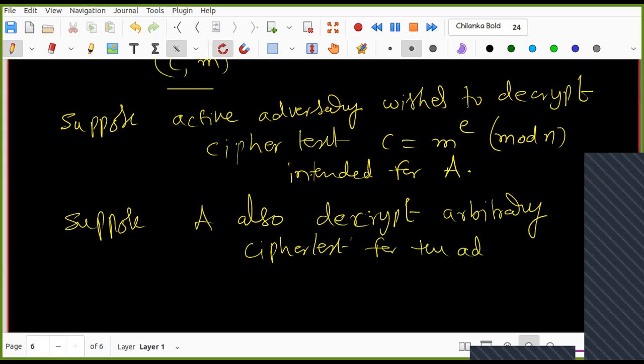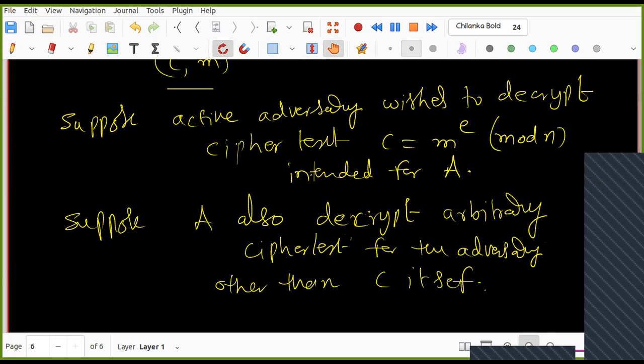Are you following this thought? A decrypts arbitrary ciphertext for the adversary, other than C itself. I hope this part is now clear.